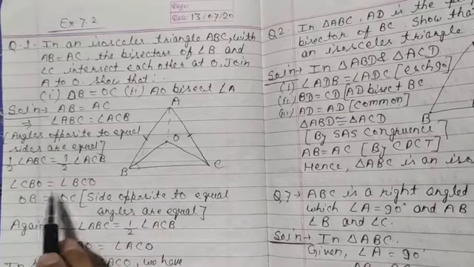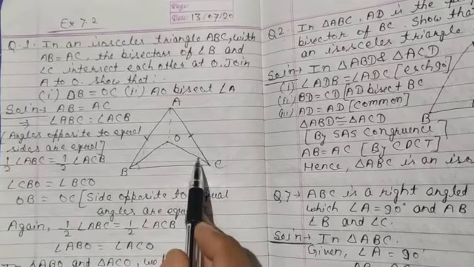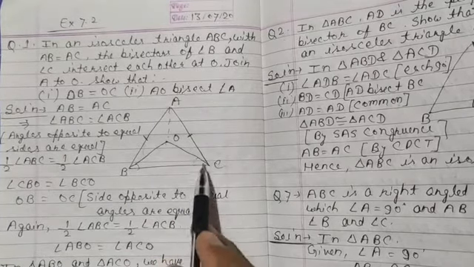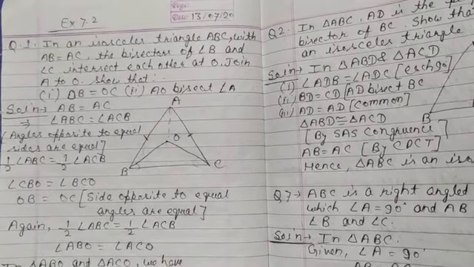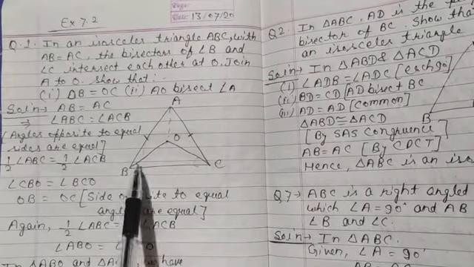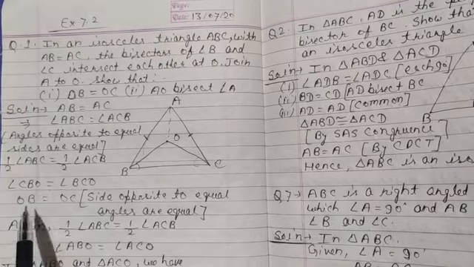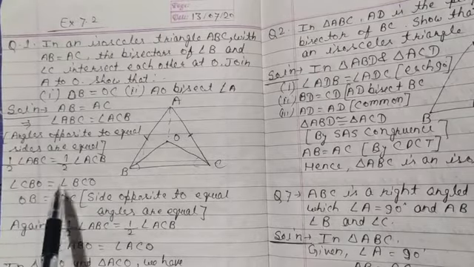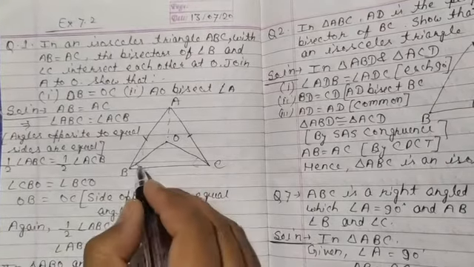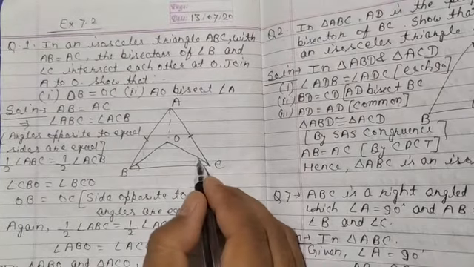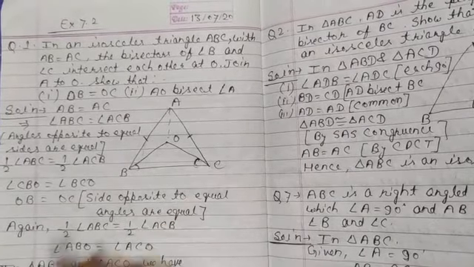Similarly, angle BCO is half of angle ACB. So angle CBO is equal to angle BCO.